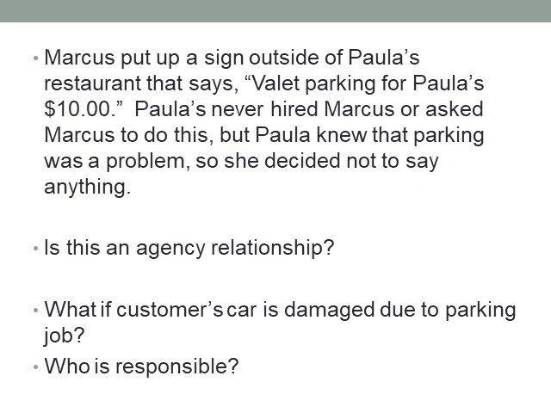She didn't hire Marcus or ask Marcus to do this, but she knew that parking was a problem, so she decided not to say anything. Nothing here says anything about Paula's control in the situation, but due to the circumstances, if the third party has relied on it, or Paula has given the appearance that the agency exists, Paula could be responsible for the customer's car being damaged.